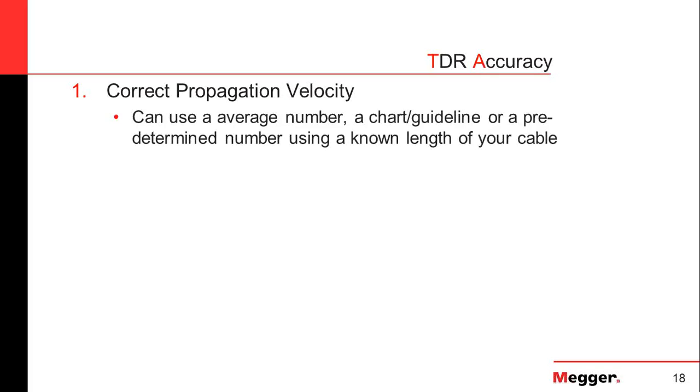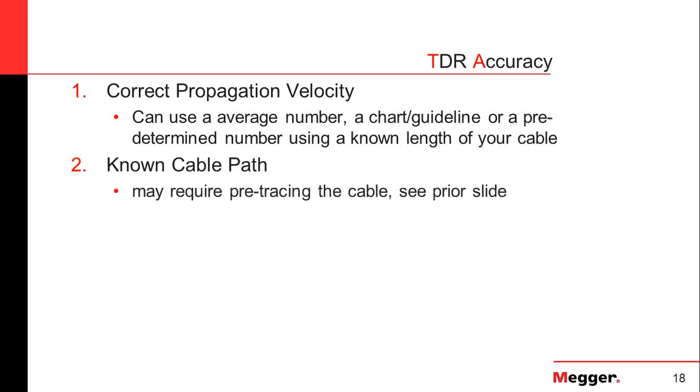It can use a chart or a guideline or a predetermined number where we've taken a known length of cable and figured out what the propagation velocity is. Then there's known cable path, and as in the prior slide, that's why you might want to pre-trace or pre-locate the cable so that you're measuring out the same distance above ground that you acquired with your TDR.